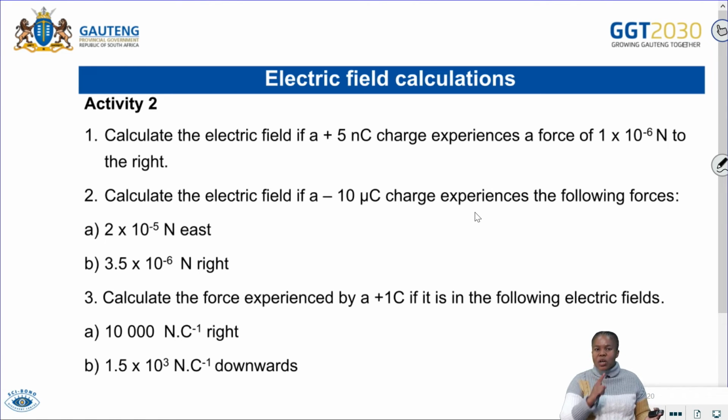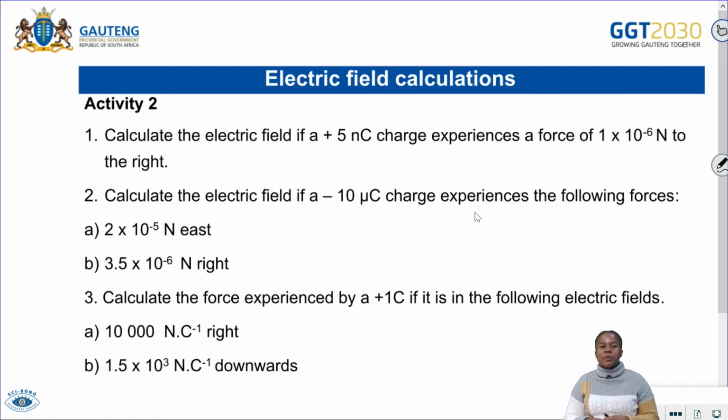Okay, so you have a charge and you have a force, and they want you to calculate the electric field. Looking at the data that you have, you choose the correct formula, you do the proper conversions, substitute, and get the correct answer with proper SI units. Okay, same thing you do for number 3.